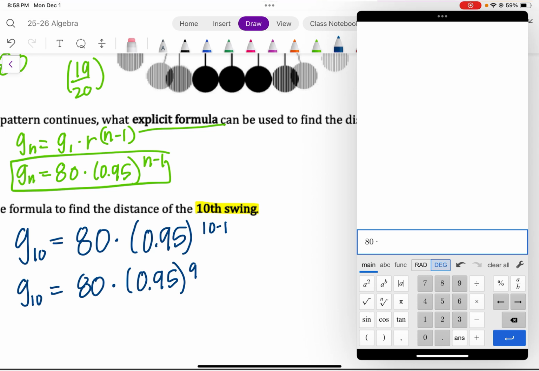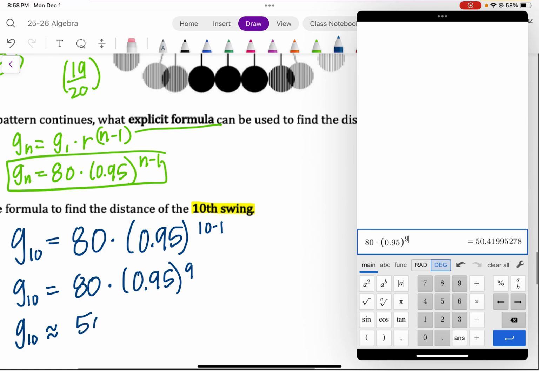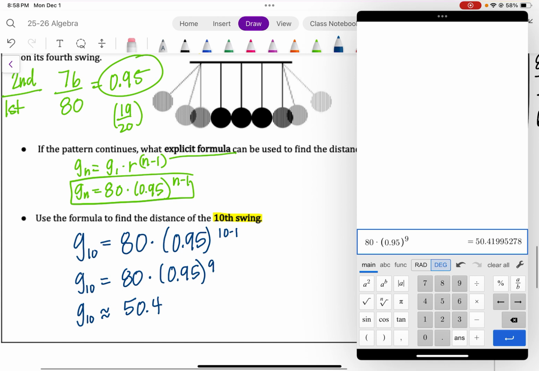Our calculator will show us 0.95 to the 9th. So g of 10 is about 50.4. And we're going to put that centimeters label on it. And that should be all.